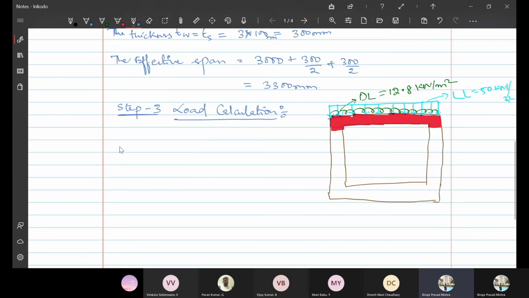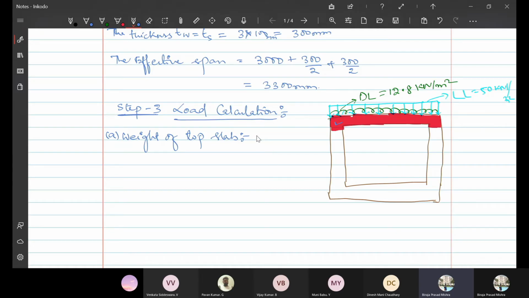So the first one is the weight of this top slab. What is the weight of the top slab? It is the density into the thickness.